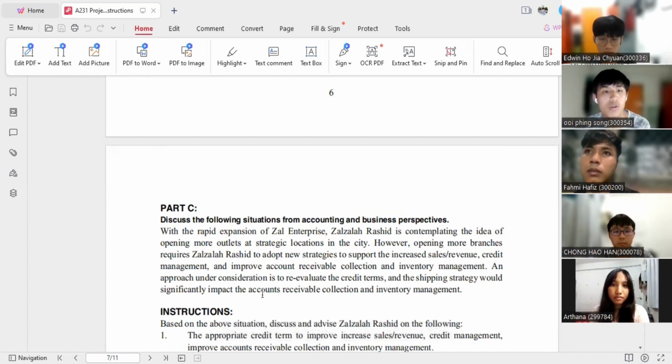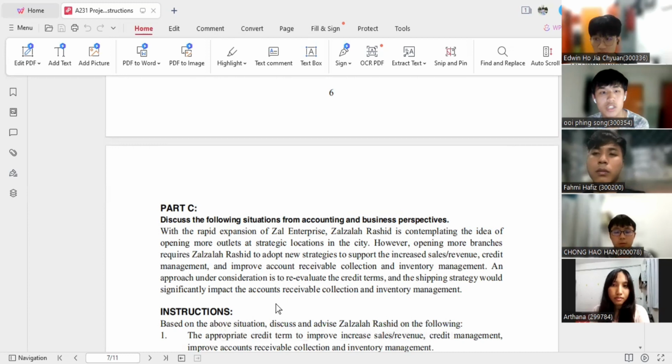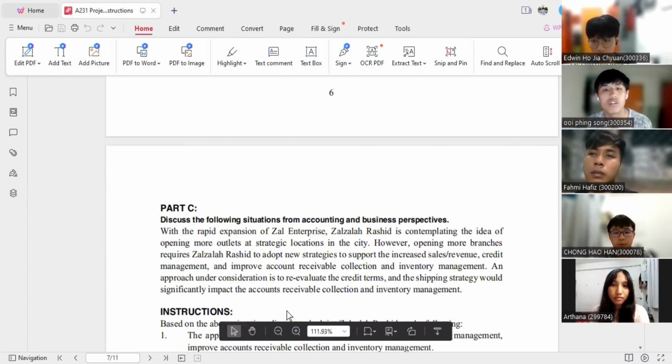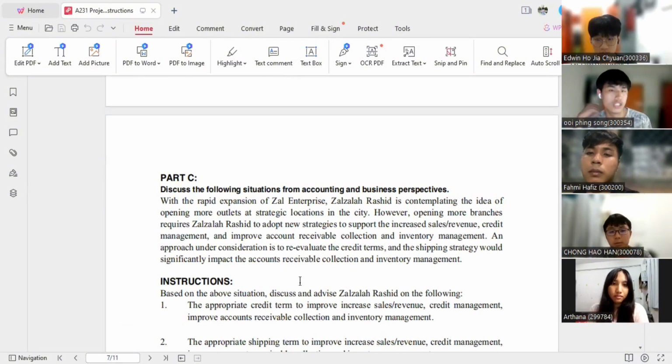However, opening more branches requires Dara Rashid to adopt a new strategy to support the increased sales or revenue, credit management, and improve account receivable collection and inventory management. An approach under consideration is to evaluate the credit terms and the shipping strategy that will significantly impact the account receivable collection and inventory management.